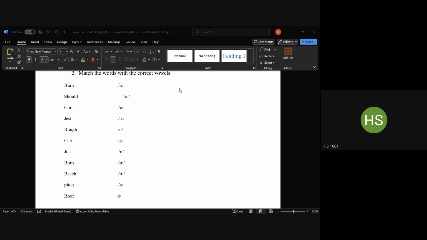So it's an unstressed vowel. It doesn't carry much articulation power, which is why it's called the unstressed vowel. And this is the only unstressed vowel in the English language. Everything else carries a stress. So this is the sound and we are looking for a word in the list which may have it.